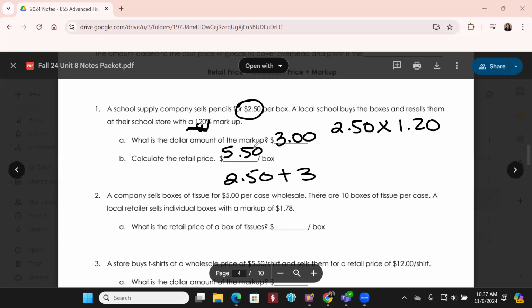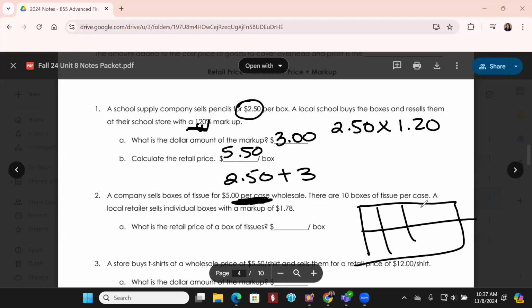A company sells boxes of tissue for $5 per case wholesale. Make sure that you're paying attention to what the words actually say. There are 10 boxes of tissues per case. A local retailer sells individual boxes with a markup of $1.78. So we have a case of tissues with 10 boxes in total, and the entire case is $5.